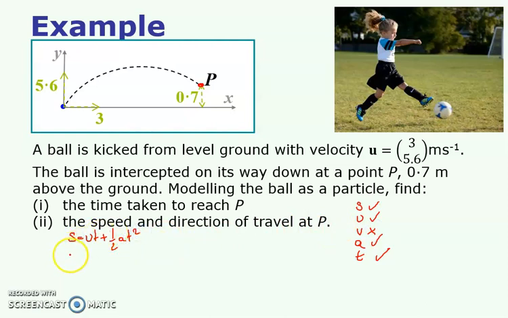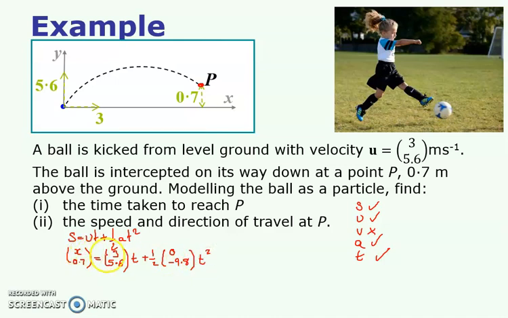Now, if I write this out as s, I know it's 0.7 high, but I don't know how far, so I'm going to write it as a vector (x, 0.7), equals (3, 5.6) times t, which is what I'm after, plus a half of a, and I've already shown you the a vector is (0, -9.8), times t squared.